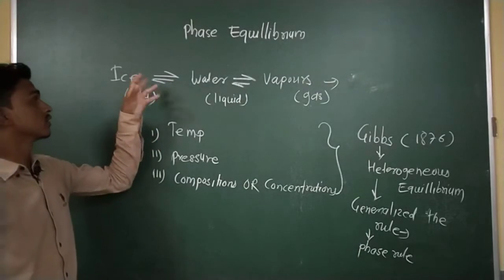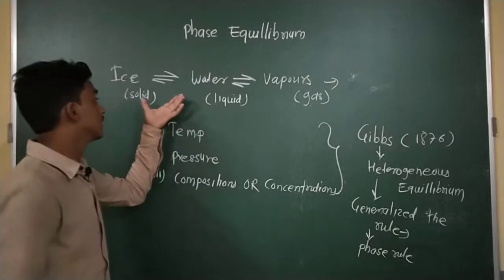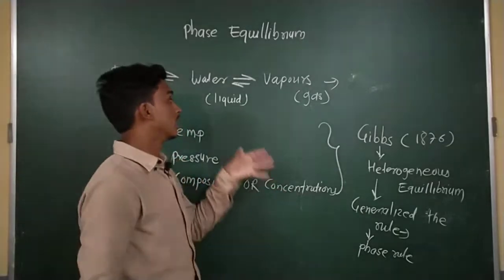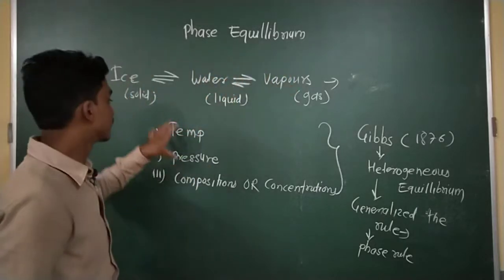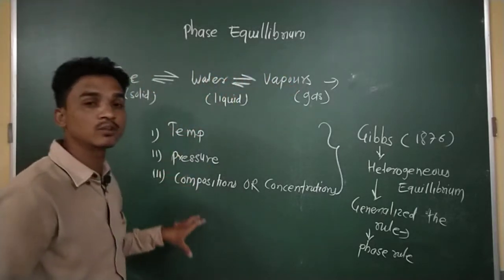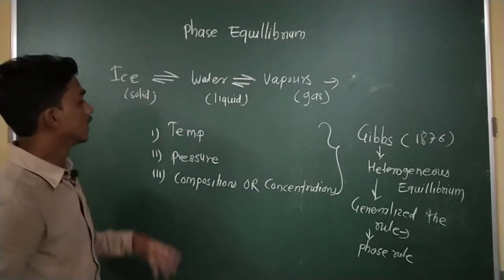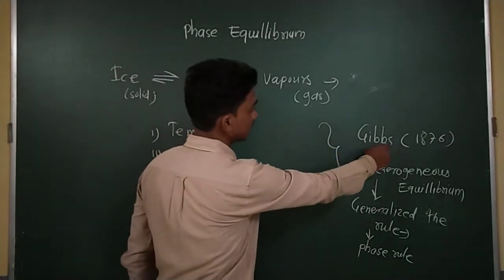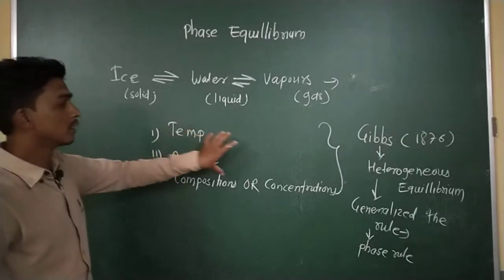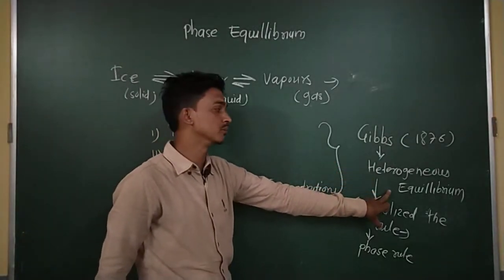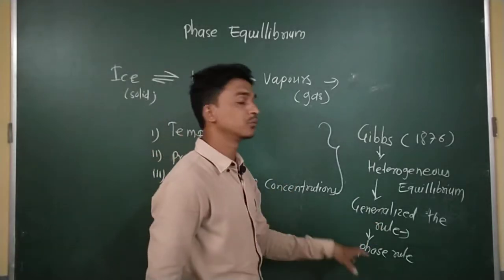Okay, see, in the universe matter exists in three states, and these three states are interconvertible. This interconversion of the states of matter depends on the temperature, pressure and the concentrations or compositions of the constituent molecules. In 1876 the scientist Gibbs studied the number of heterogeneous equilibrium systems and generalized a simple rule, known as the phase rule.